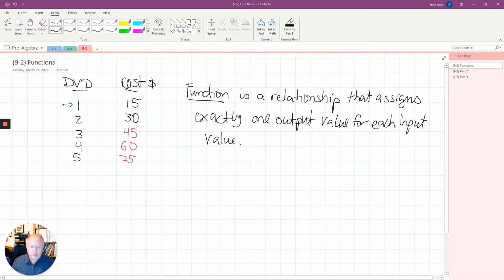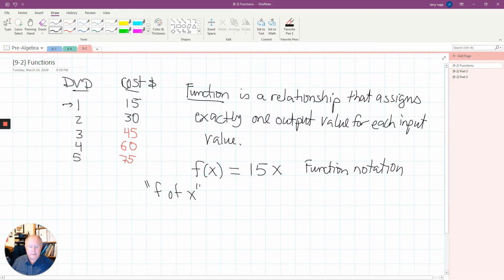All right, so we write functions this way. This is called function notation, and we write it just like this. Function notation is where this is called f of x. That's how you pronounce it: f of x.